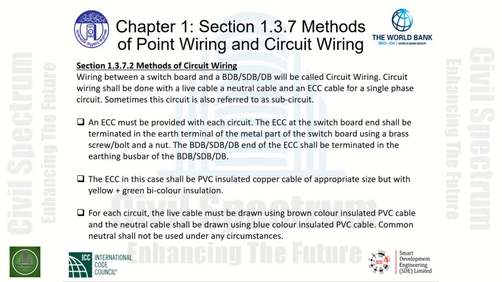Sometimes this circuit is also referred to as sub-circuit. This particular initial section gives us for a single-phase system, meaning the circuit between the switchboard and distribution panels, as indicated here, must be done with a live cable, a neutral cable, and an ECC cable. This circuit, again, is called a sub-circuit.